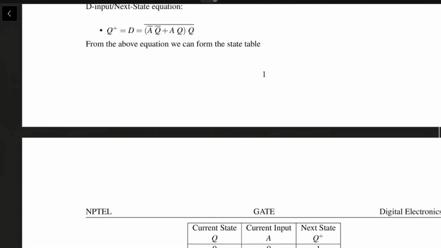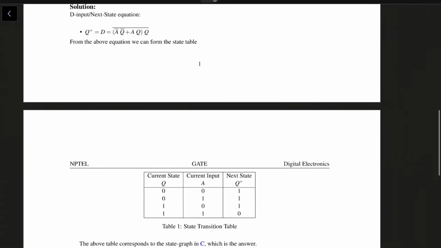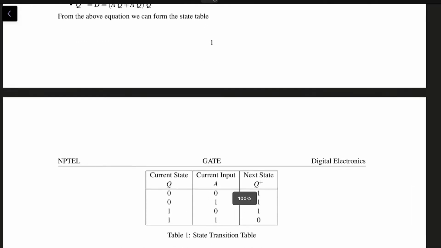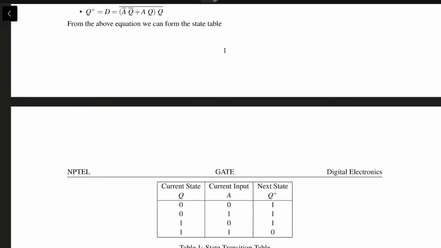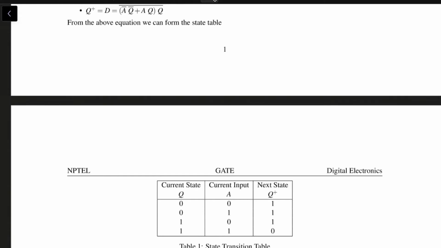And from the above equation, we need to form the state table. So when Q is equal to 0 and A equal to 0, you will find that because Q is equal to 0, it becomes 0 bar, which is 1.